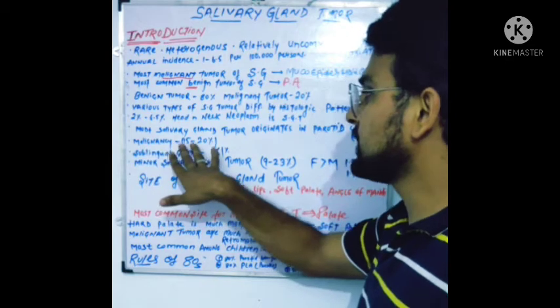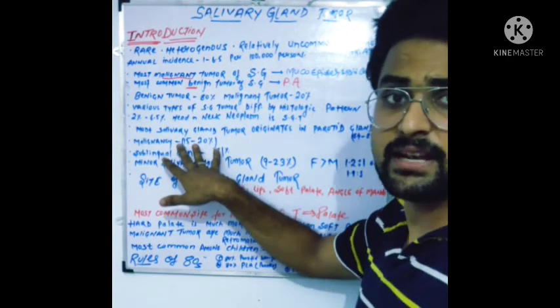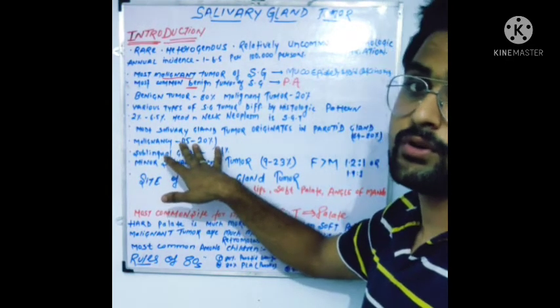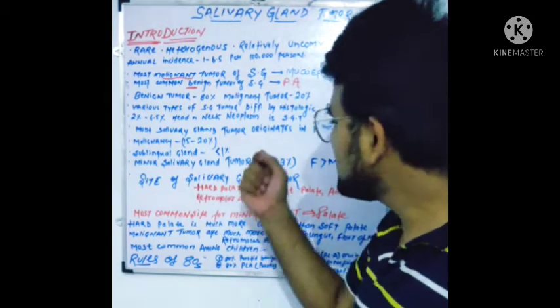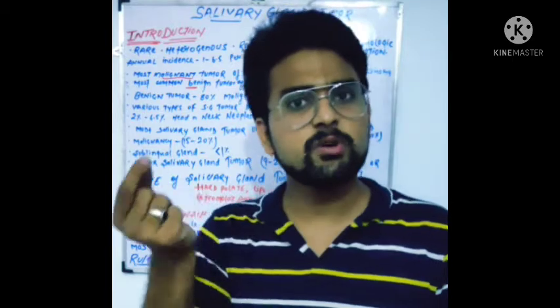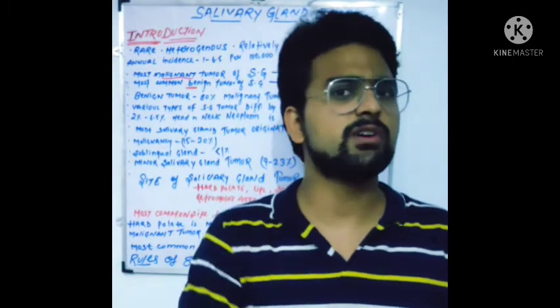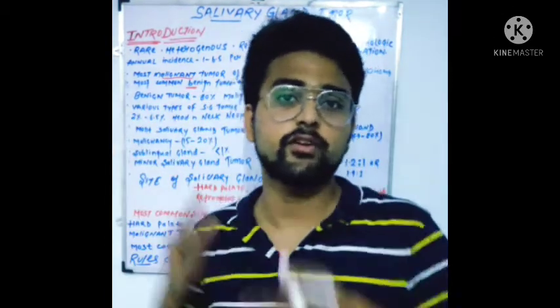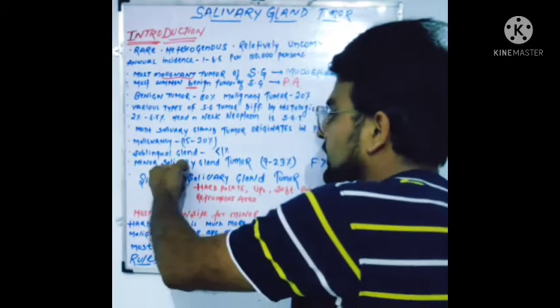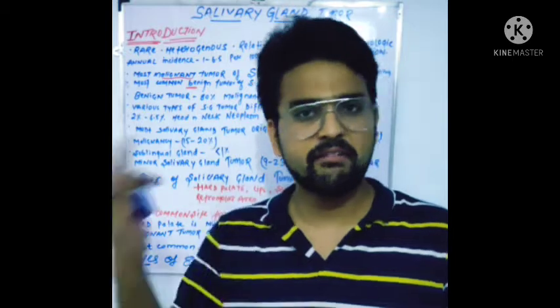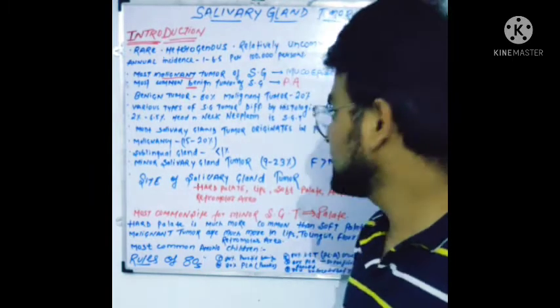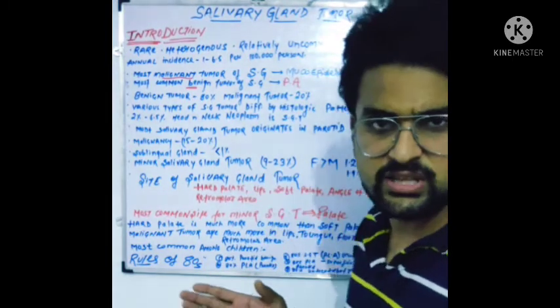Then malignancy. The malignancy of the salivary gland will be 15 to 20%. The sublingual gland tumors will be less than 1%, which means they are the rarest of rare tumors. And the minor salivary glands, like labial, buccal, lingual, greater palatine, retromolar areas, tumors are 9 to 23%.